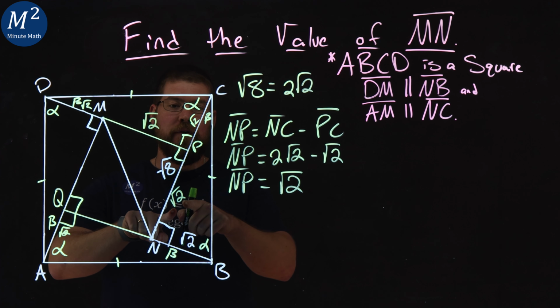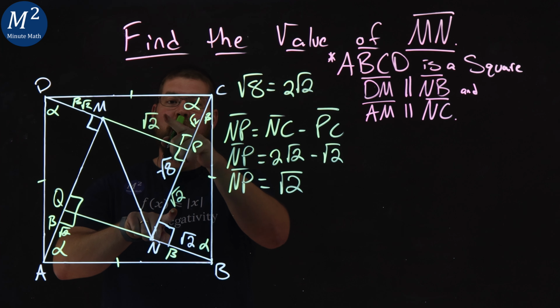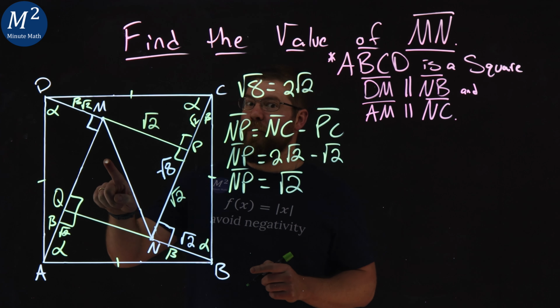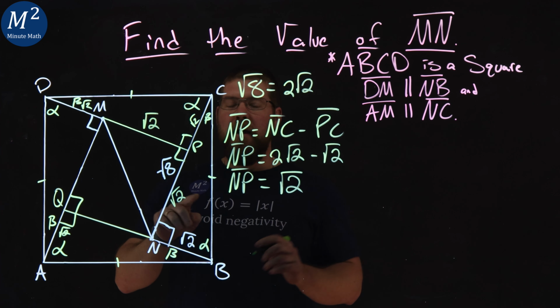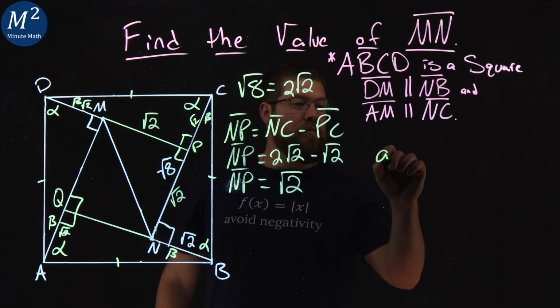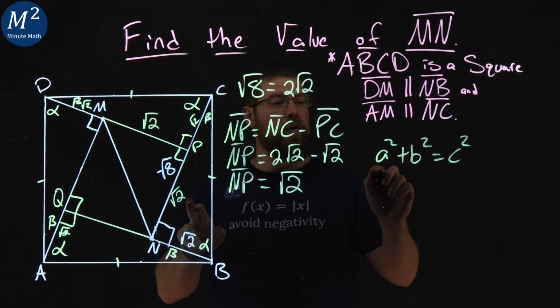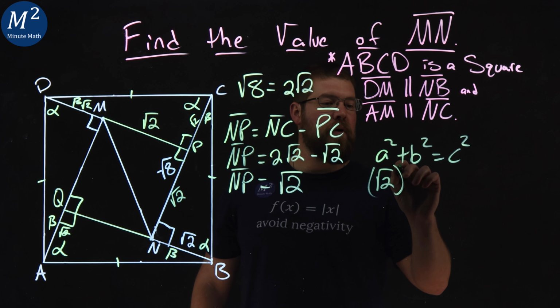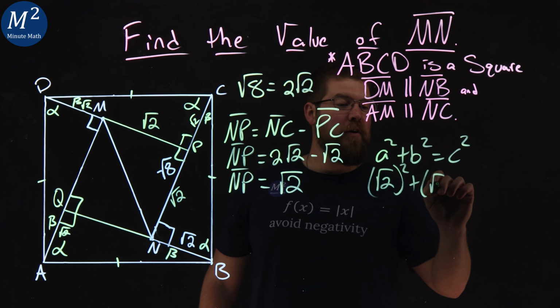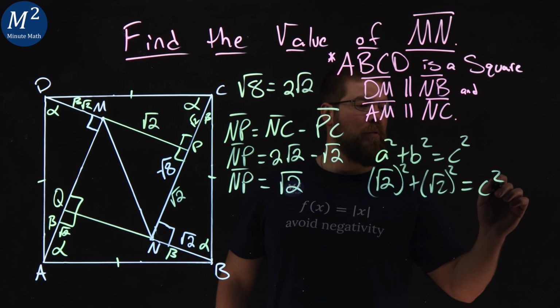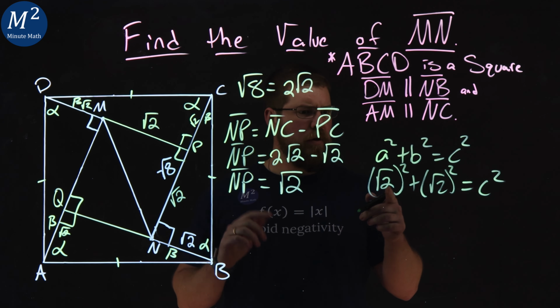From there we have two sides of a right triangle. We can find the hypotenuse here using the good old Pythagorean theorem. a squared plus b squared equals c squared. Square root of 2 squared, plus square root of 2 squared, gives us c squared, which is the length of MN.